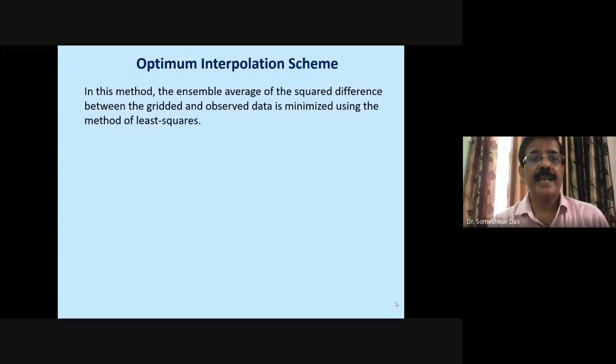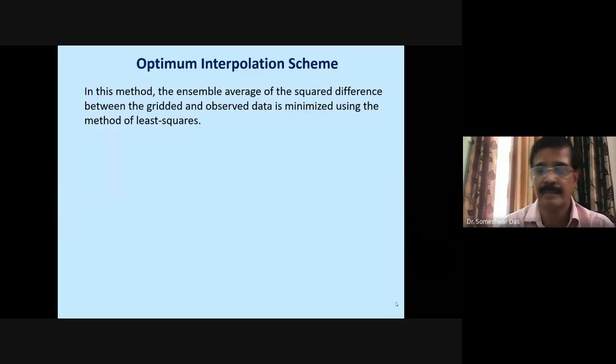Now in this scheme, an ensemble average of the squared difference between the gridded and observed data is minimized using the method of least squares. The whole idea in objective analysis, as we discussed yesterday, is that we try to minimize the difference between observation and the first guess to get a new or updated analysis at the current time.